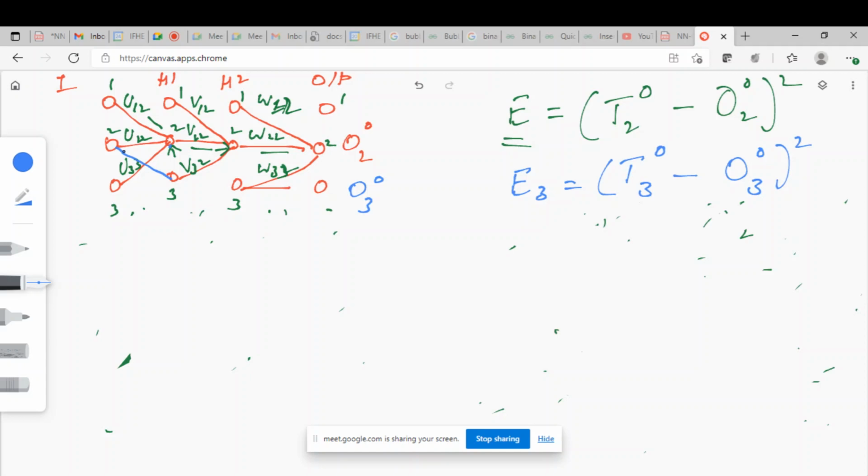And if you see this neuron also, this link. No, U33 is not connected with O33. Let us take this. There will be a link like this, right? This neuron should be connected with every other neuron. So we have only drawn this, we have not drawn this. So let us consider this also.